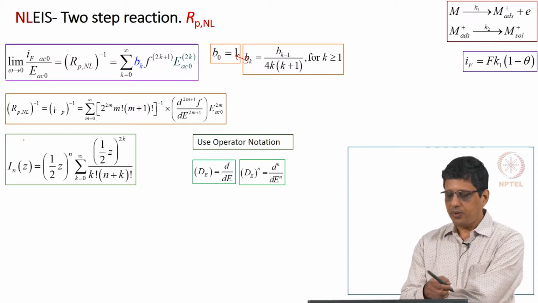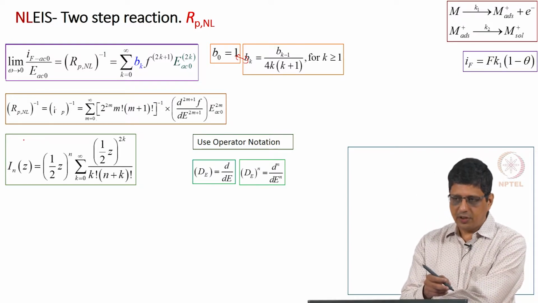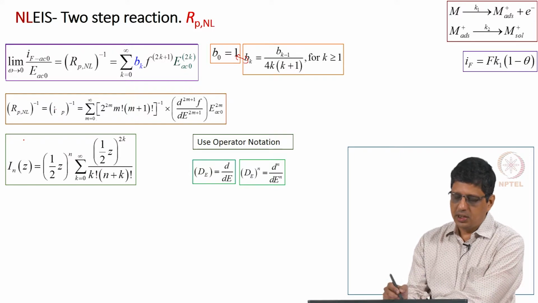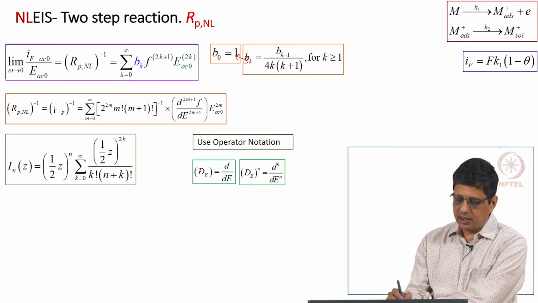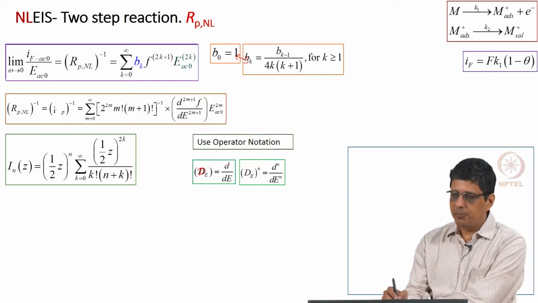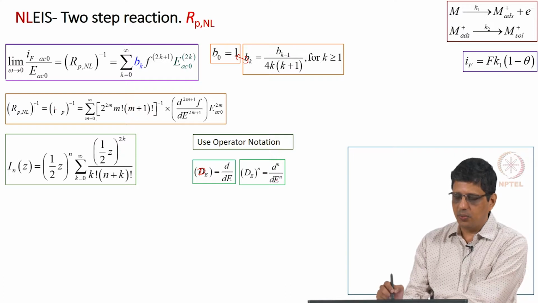We want to use a slightly different notation, operator notation. We want to say uppercase D with subscript E would represent d by dE, and that is the derivative. If I write dE power n, that is the nth derivative.